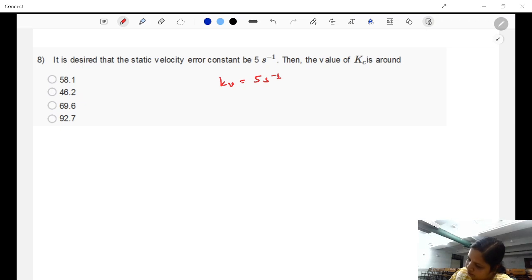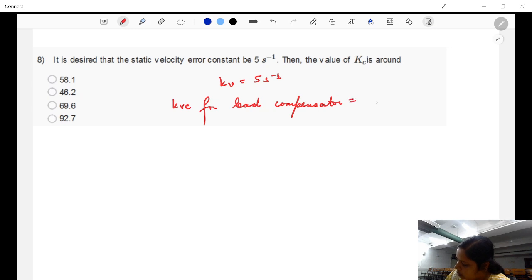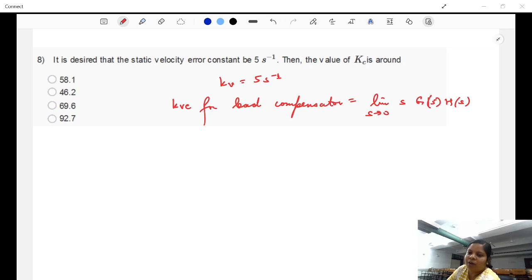From here, Kv for the lead compensator is given by limit s tends to 0 of s G(s) H(s). This is what we had derived when we did everything like R(s) upon 1 plus G(s) H(s) when we wanted to find the steady state error.